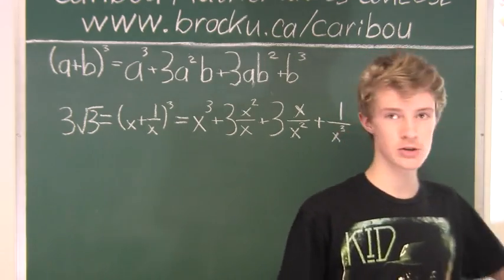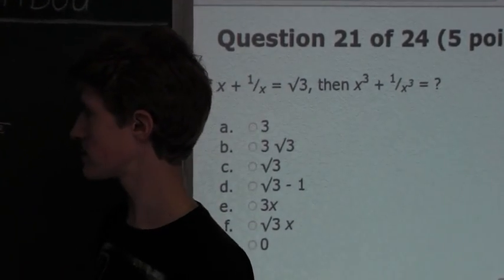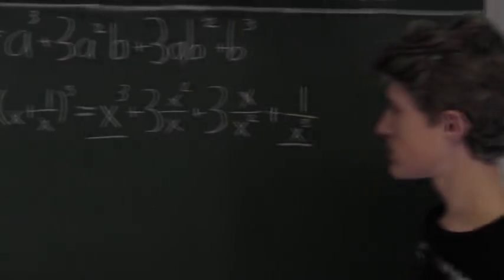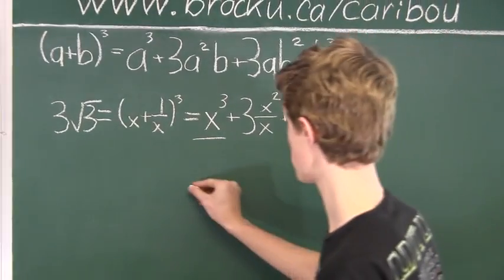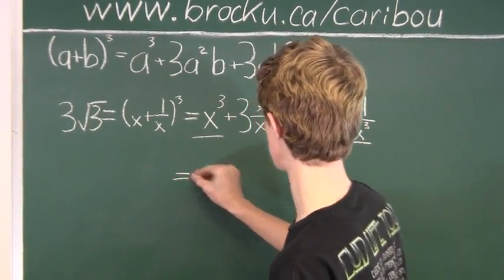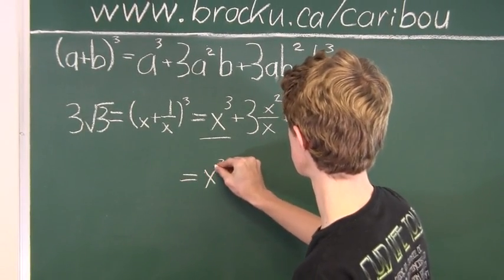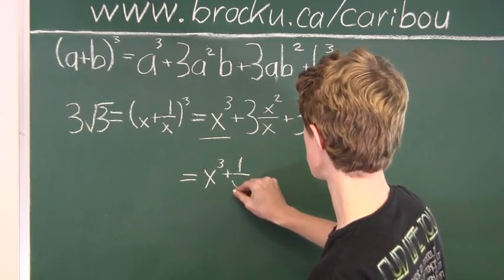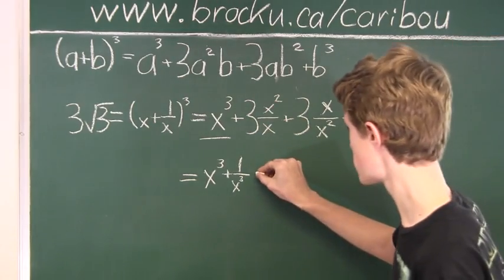So looking at the question, what we want to find out is the sum of these two numbers, x cubed and 1 over x cubed. So we will write x cubed plus 1 over x cubed, and here the common factor is 3.